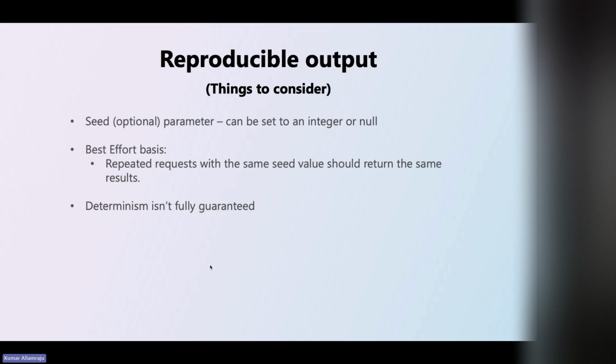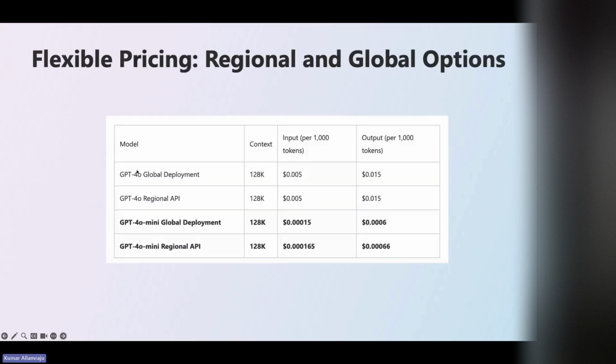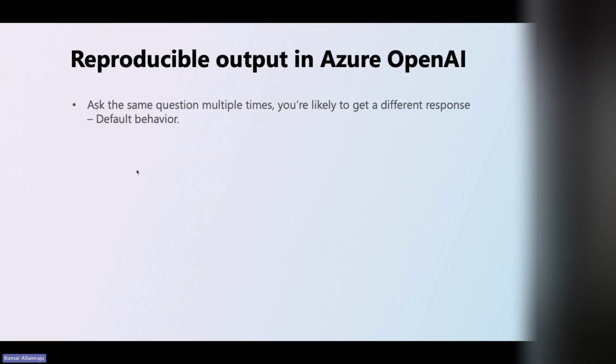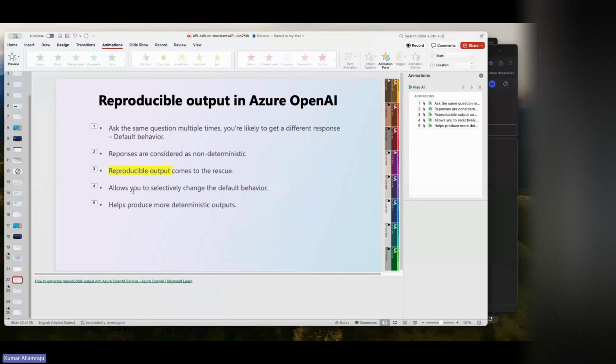So this feature, the reproducible output, the seed value, is something that we have to play with and try out, as I showed in my code. The second thing, which I'm planning to talk about, is a feature called prompt flow in Azure Machine Learning, and that's also integrated in Azure AI Studio.